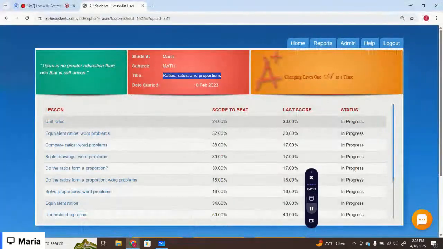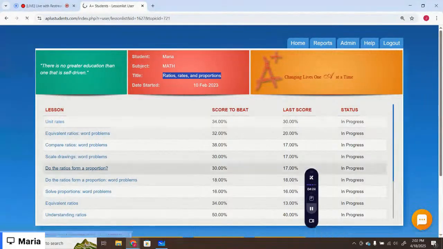Here I'm on grade 7 math. The chapter we're on right now is ratios, rates, and proportions. The lessons we're going to cover today are: do the ratios form a proportion? Let's start with the lesson.